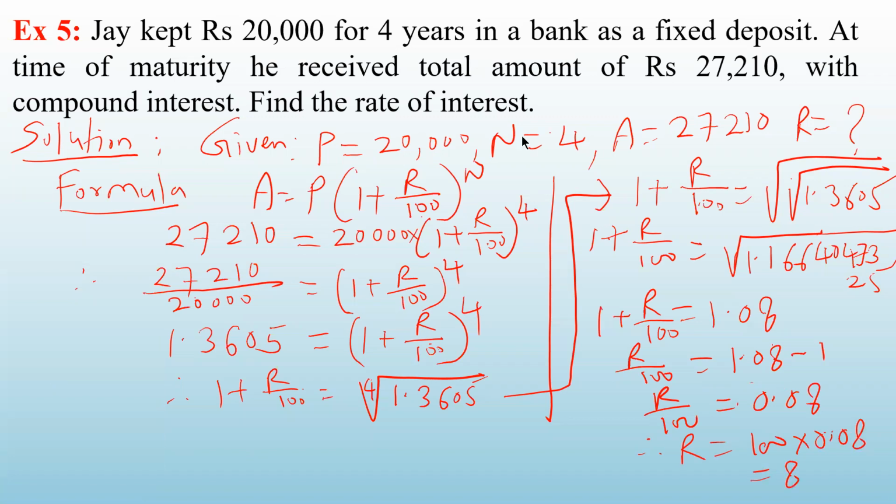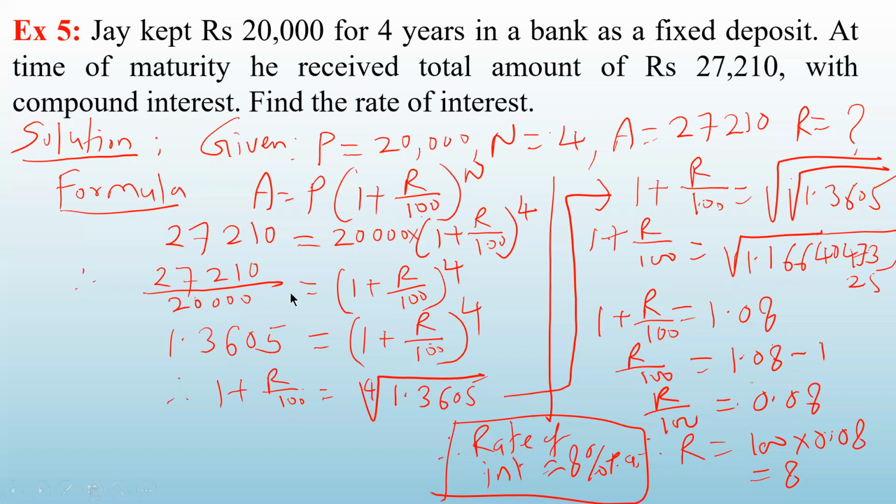The rate of interest is coming as 8% per annum. So you can write down, therefore, rate of interest is 8% per annum. So this is the answer. In this problem, we have calculated the value of R.